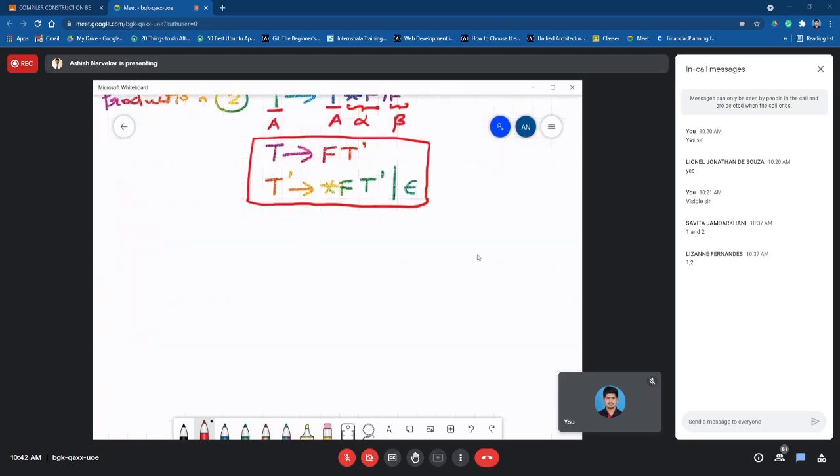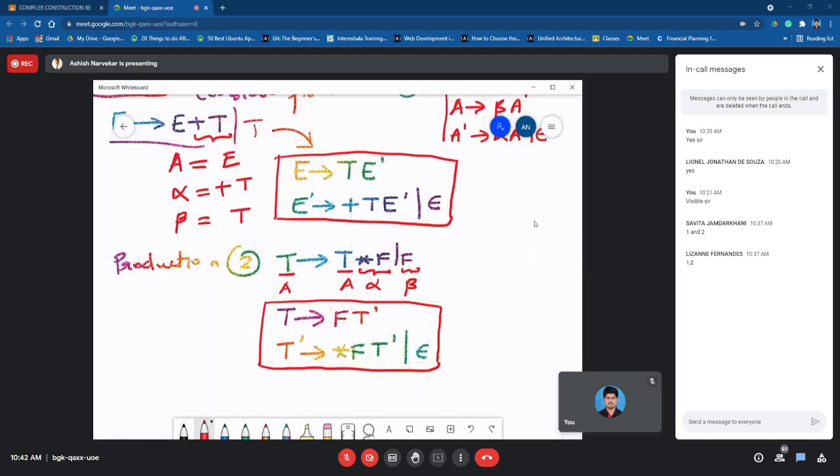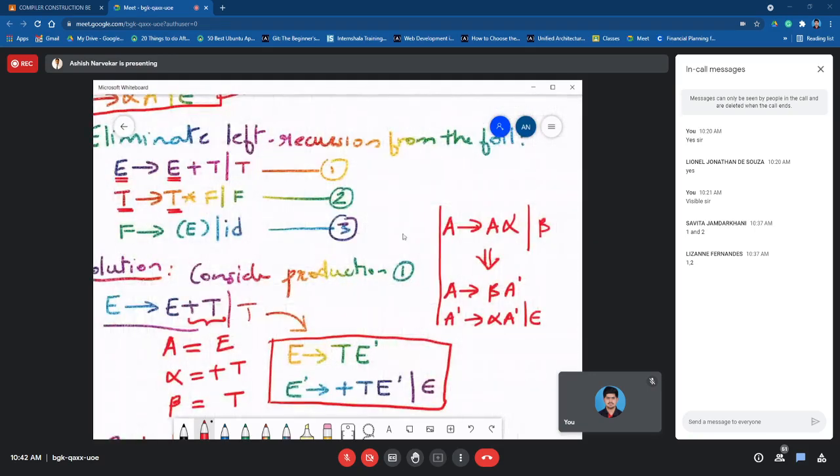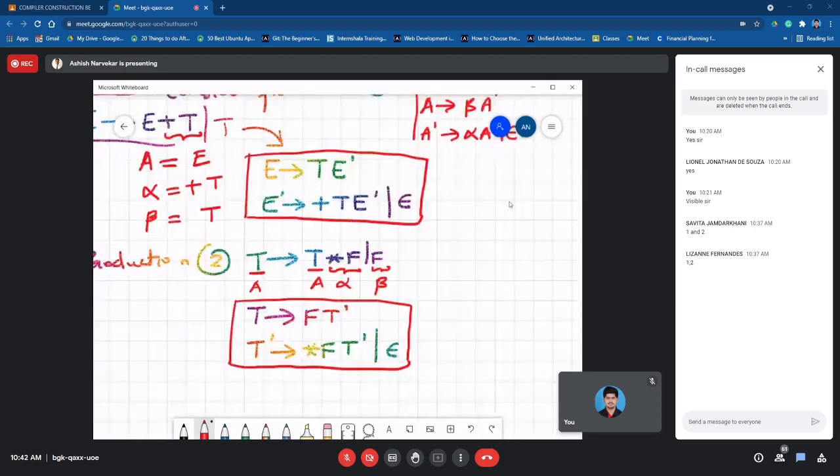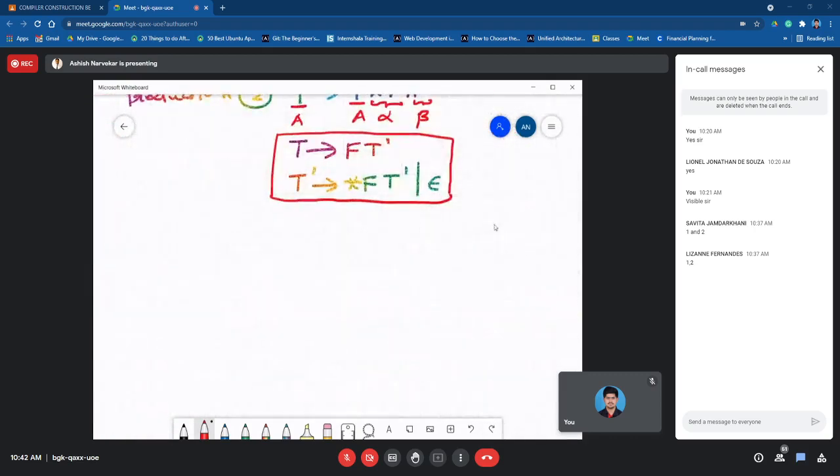Okay. Now, if you look at the third production, there is no left recursion as we had already discussed. So there is no need to eliminate the third production.